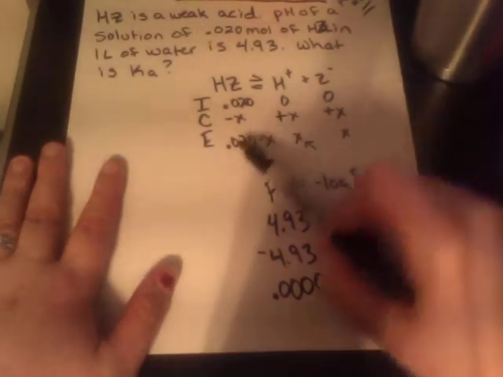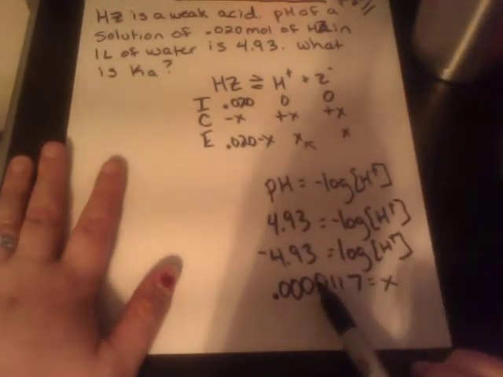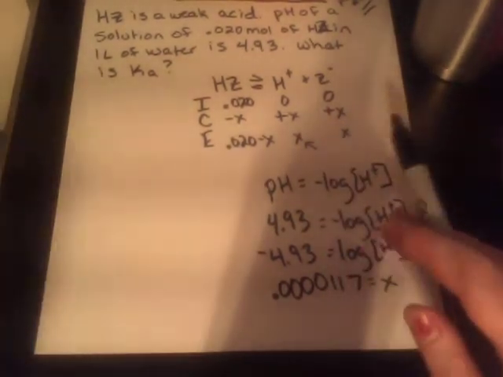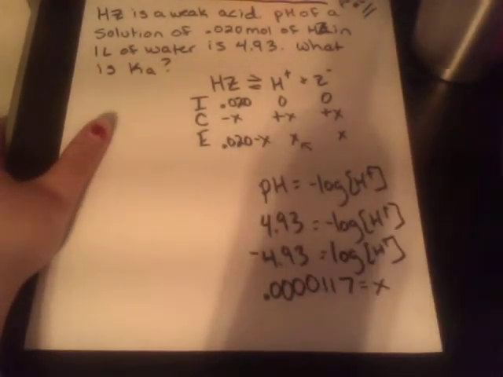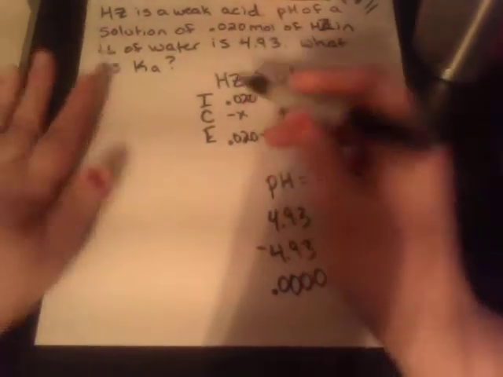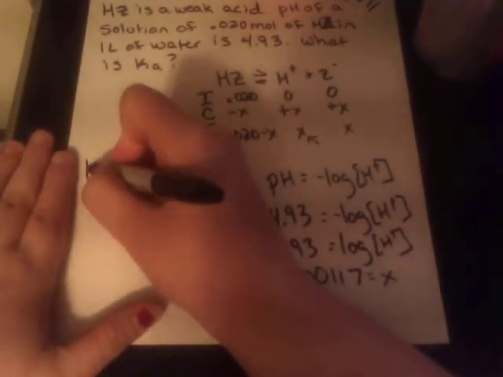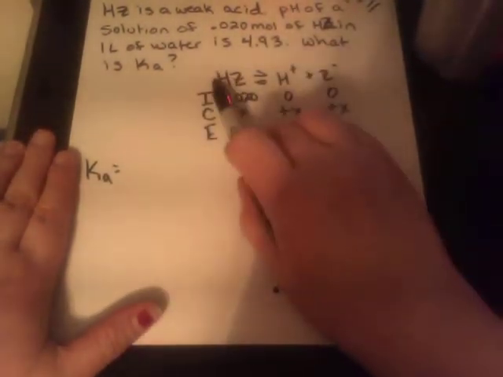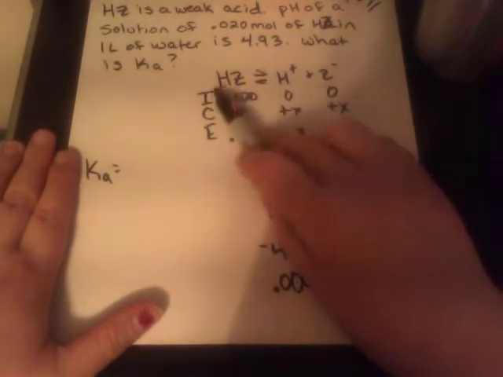We also know this: 0.020 minus this number, this is actually negligible. If we were to type in our calculator 0.020 minus that small number, we still essentially get 0.020. So let's write our Ka expression: right side over the left side, products over reactants.